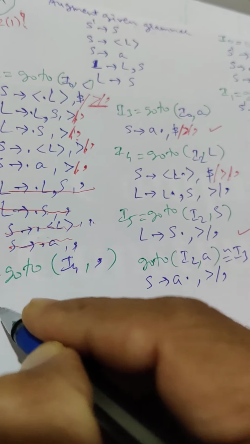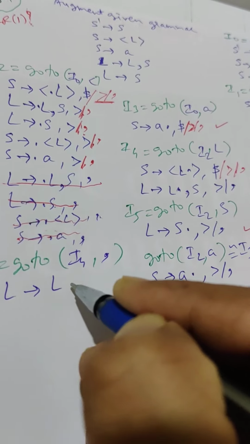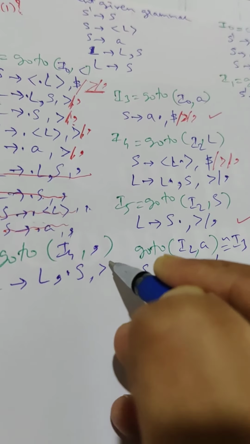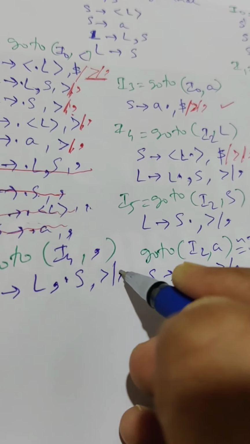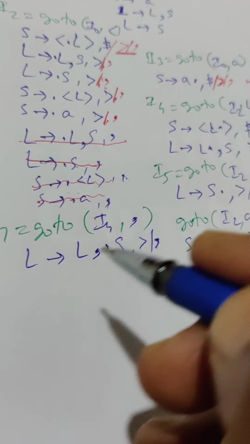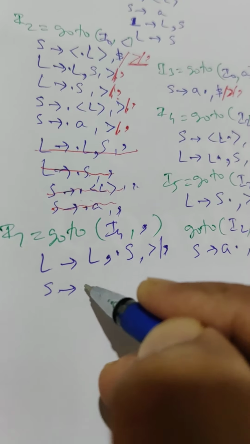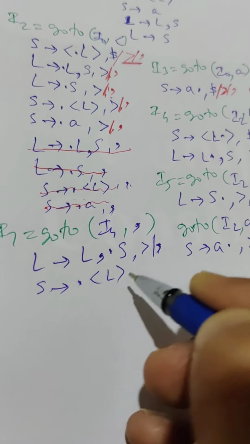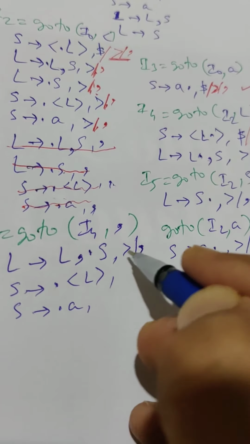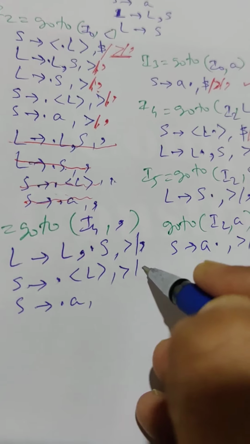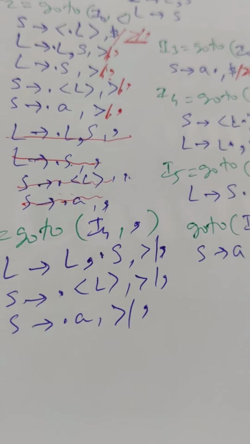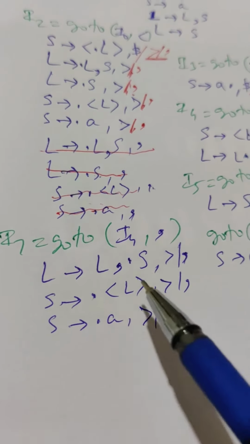So it's going to be L goes to L comma dot S and lookahead is greater than and comma. Now because of dot S you have to write rules of S. So we have to write S goes to dot bracket L and S goes to dot A. For these two rules, lookahead is going to be greater than or comma. So here greater than or comma. Done. So I7 is I4 comma.